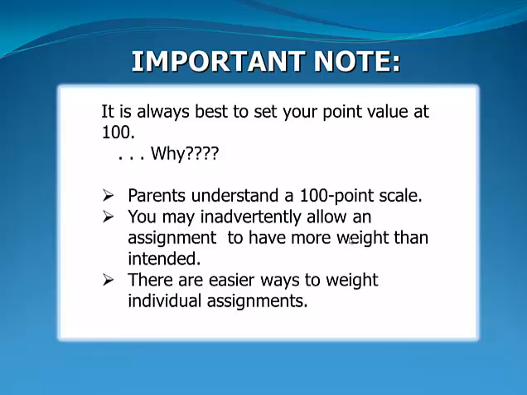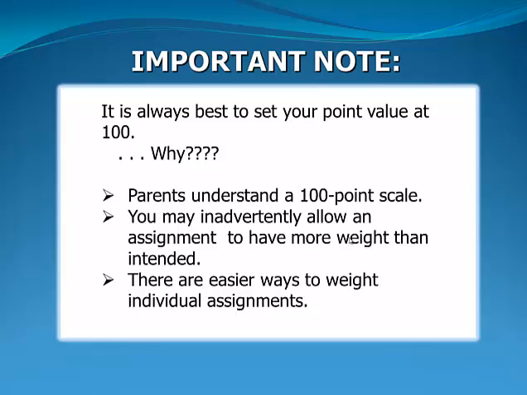If you use 15 points for an assignment and a student has a 13 in the grade book, that's not a bad grade, but a parent may not realize that that 13 is out of 15 points and not 100 points. So sometimes it can cause some alarm on the part of parents if you don't use a 100-point scale.